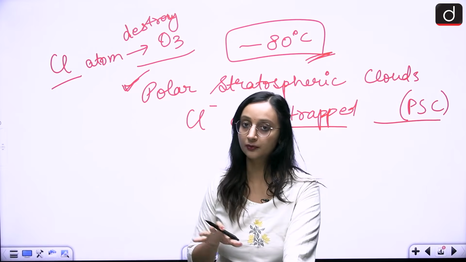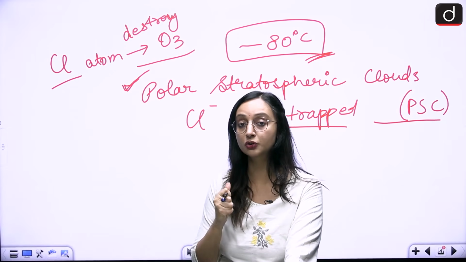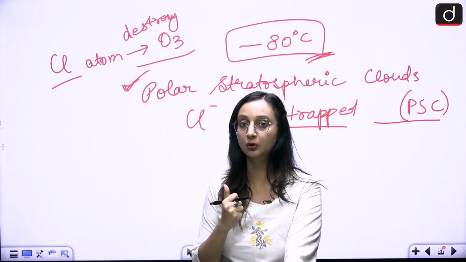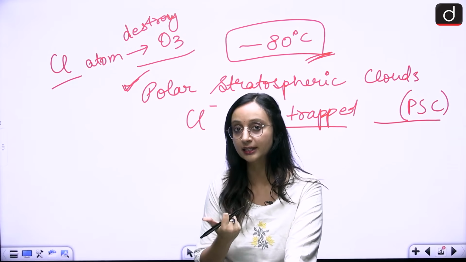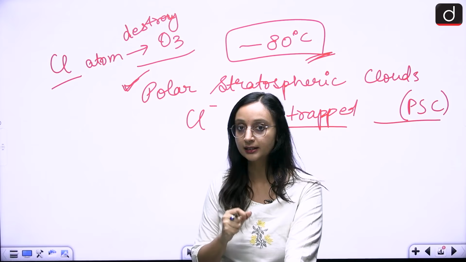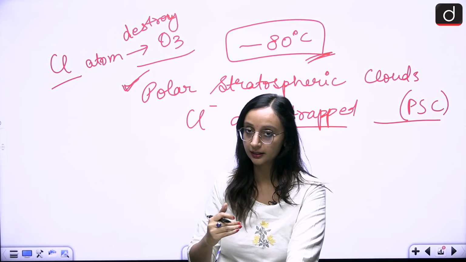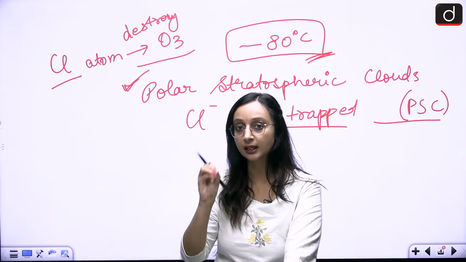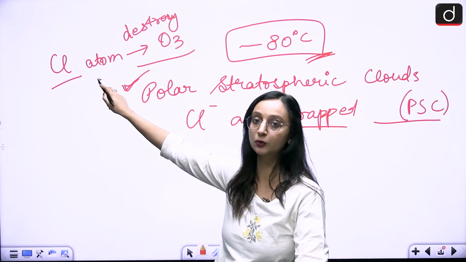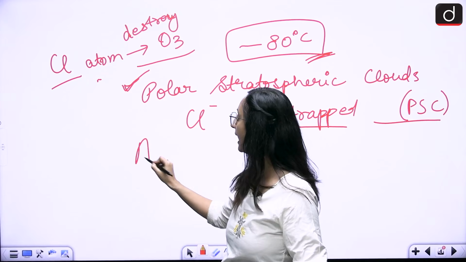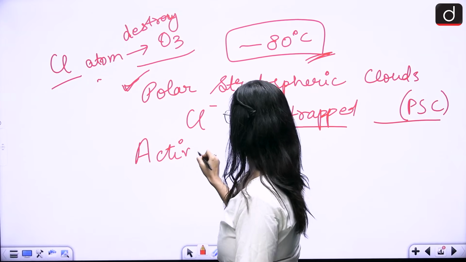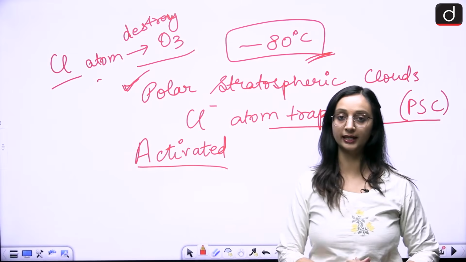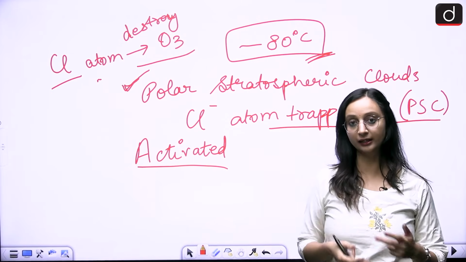During the winter season, all of this is taking place, but the most prominent ozone hole is actually visible during the spring season, because during spring sunlight is able to penetrate through the clouds. Once the sunlight enters, the inactive chlorine atom is activated. An inactive chlorine atom is not going to cause any damage to the ozone molecules, but the activated one will.